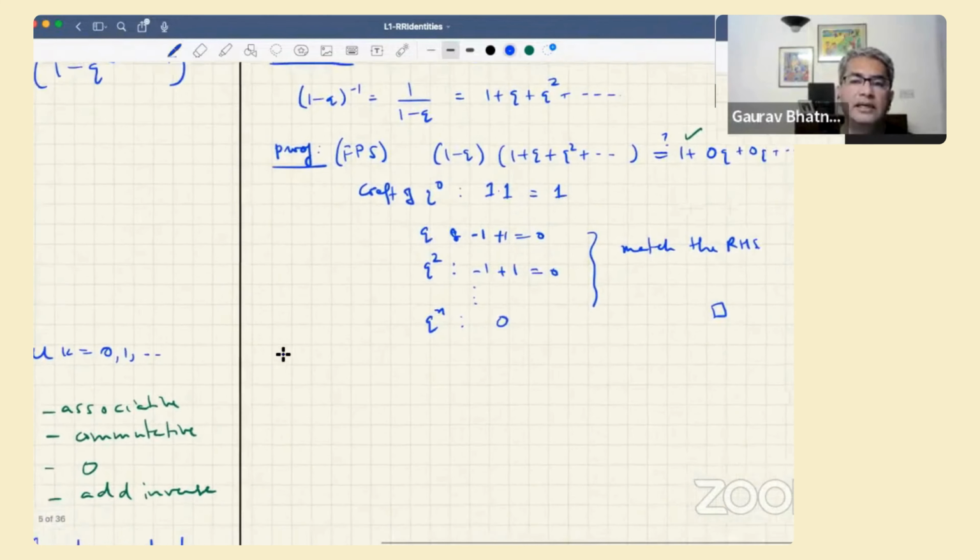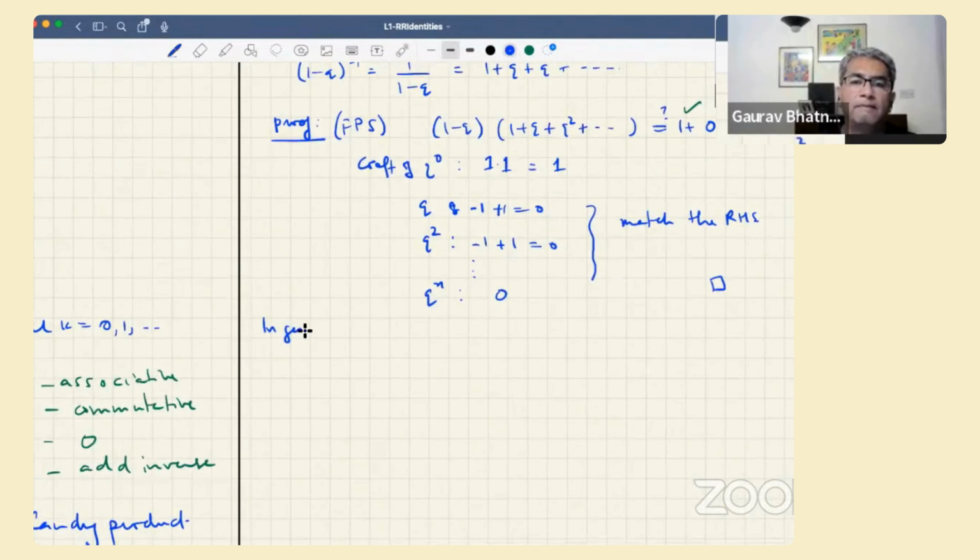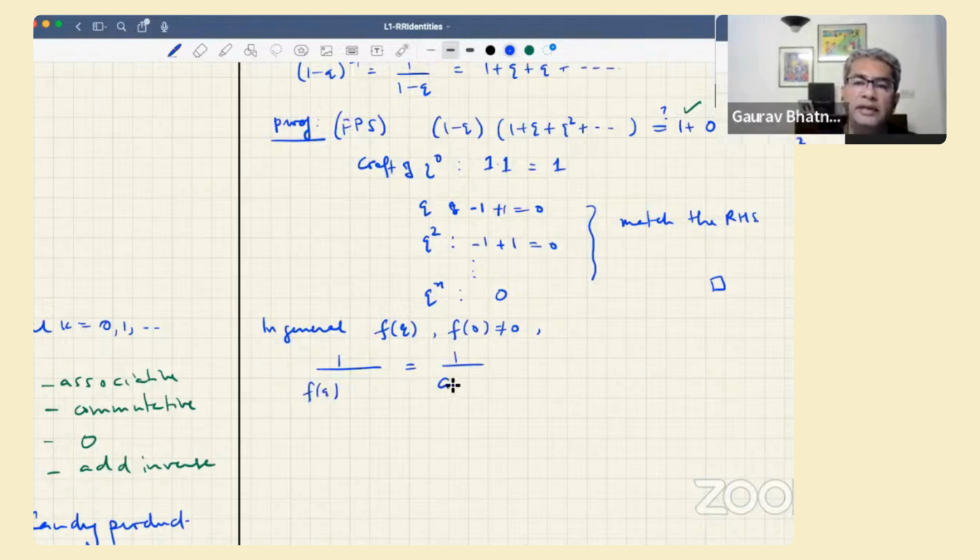Now let's say in general, suppose I have f(q) such that f_0 is not 0. That means 1 over f(q) is 1 over a_0 plus a_1 q plus so on, and a_0 is not 0.